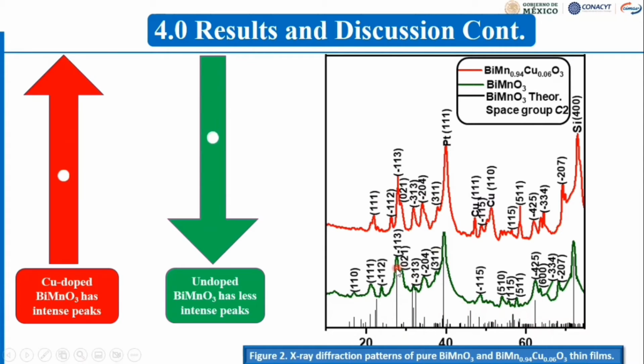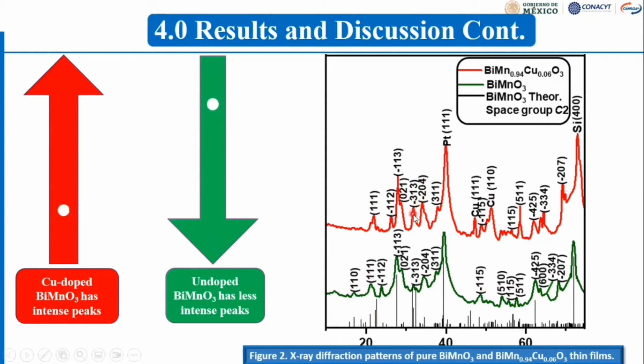From here, we can see that the peaks for the copper-doped bismuth manganese oxide appear to be more intense than that of the bismuth manganese oxide. And here we have several peaks signifying that it is a polycrystalline thin film.